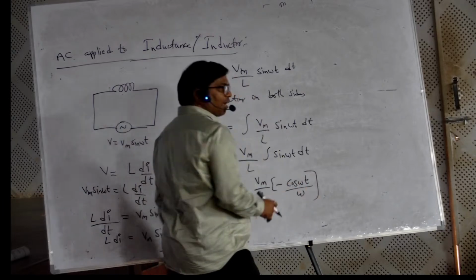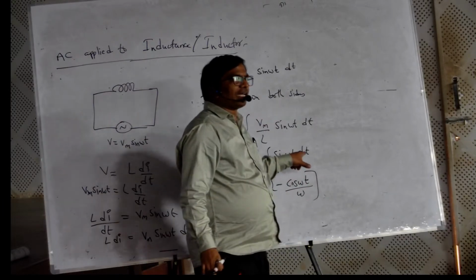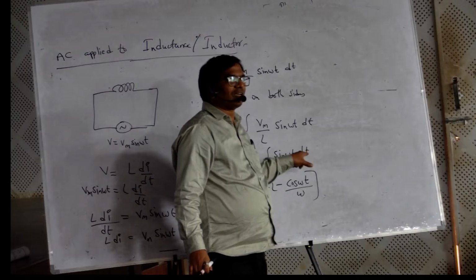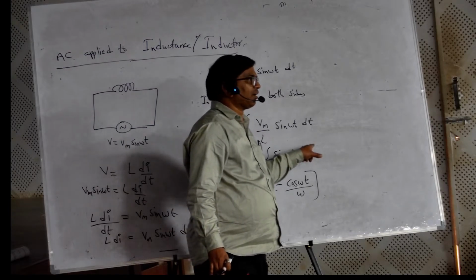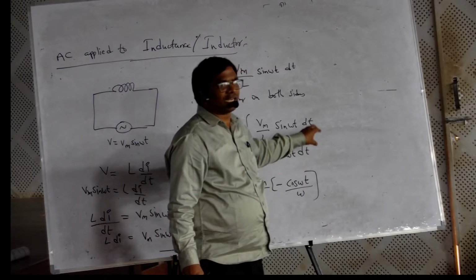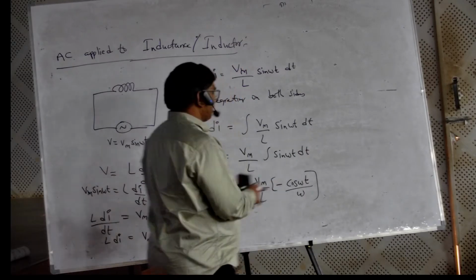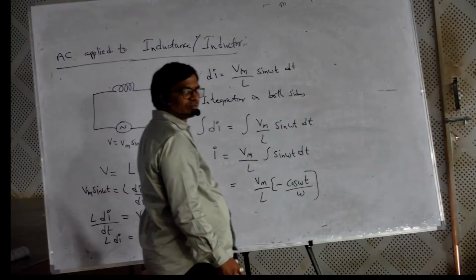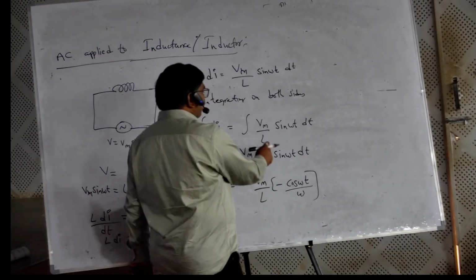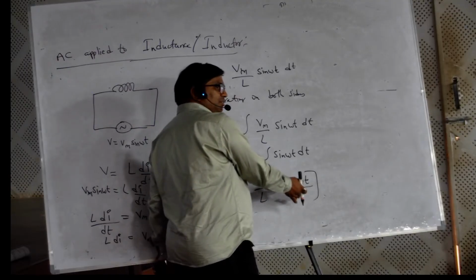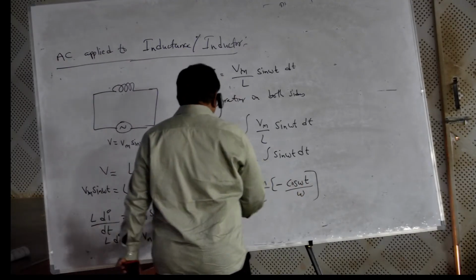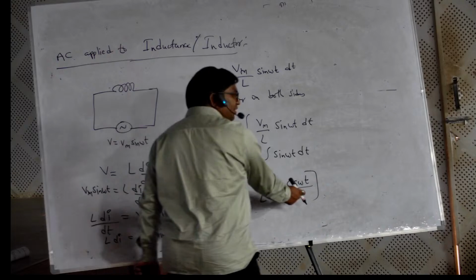Why? Because we are integrating with respect to t, not omega t. Integration of sin omega t is minus cos omega t by omega. Okay? Right. Now omega is constant.